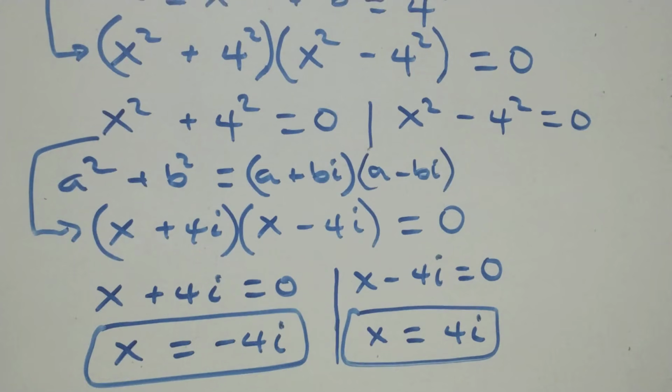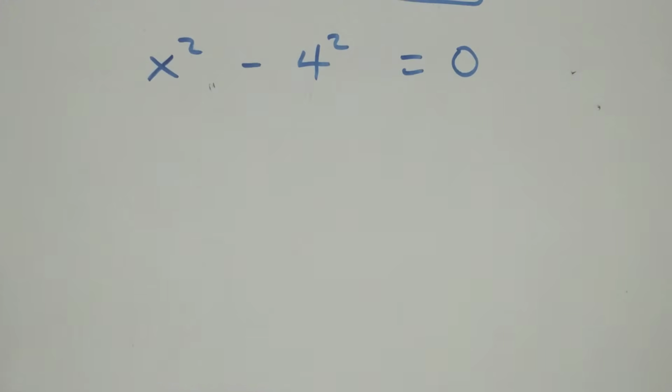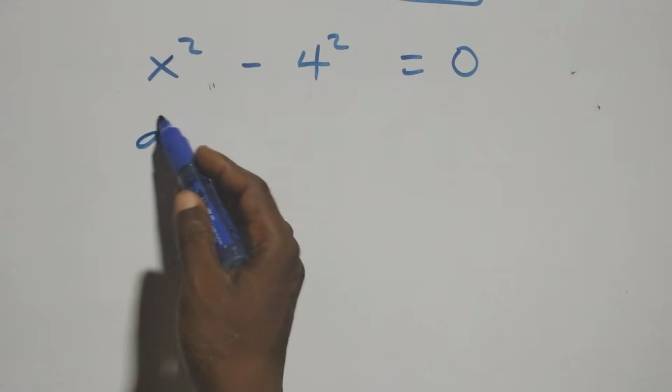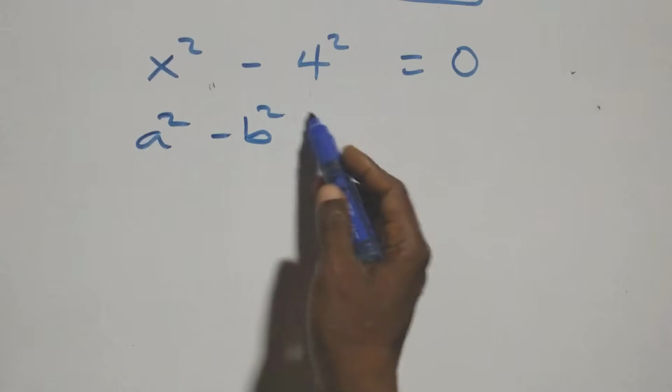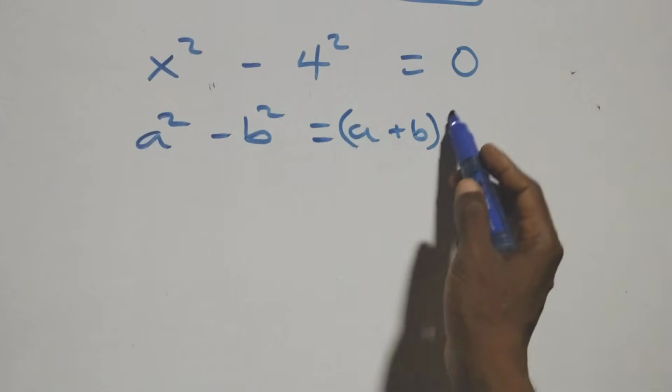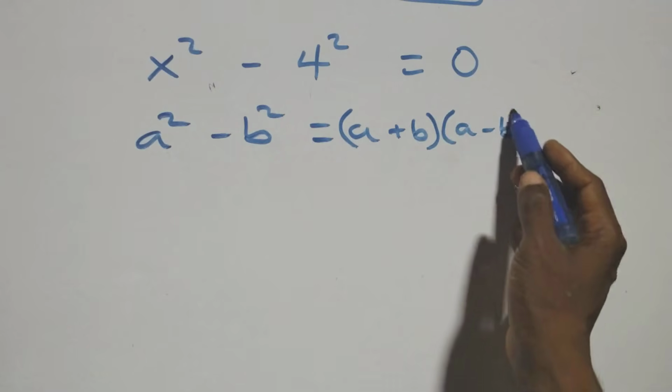Then solving from the second case here, which is x square minus 4 square equals to 0. This follows when we have a square minus b square, which is the same thing as a plus b into brackets, open bracket, a minus b.